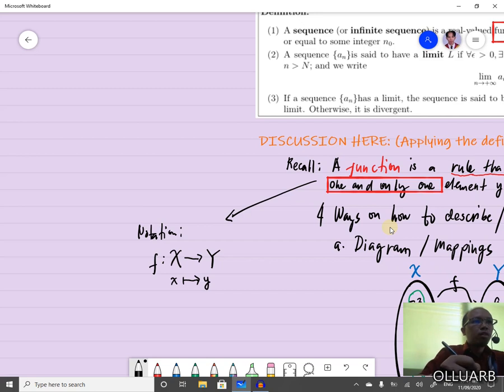Or you can write this one as our f of x.